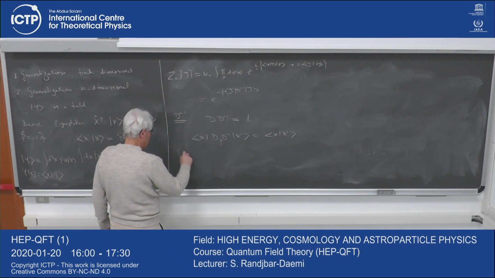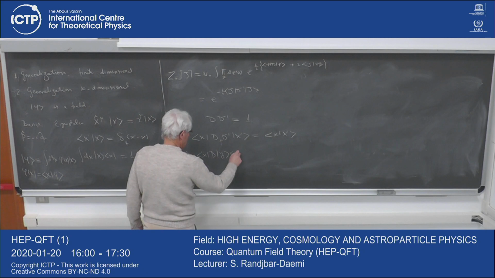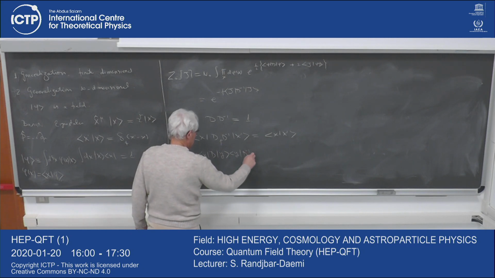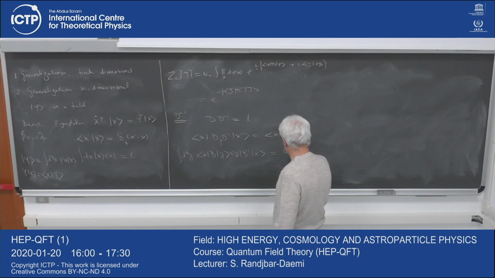So you put, for instance, d for y, x d y, y d inverse x prime equals, this of course we know what it is, d delta 4 x minus x prime.